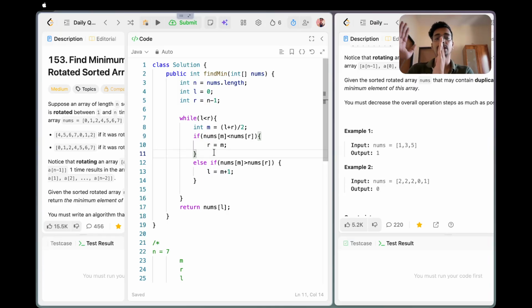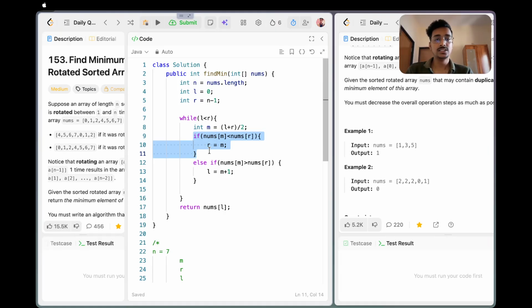If mid is less than right, then that range is simply in ascending sorted order, so I need to put R at mid, and my answer will lie in this range.